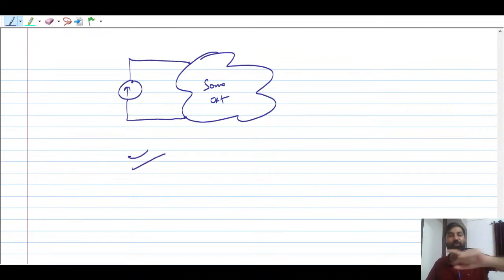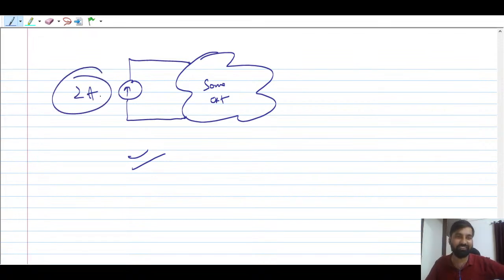So this current you cannot change ever in your life, right? Suppose this current is 2 ampere, you can't change, okay? This is the constant current, you can say, right? Okay, so this is nothing but ideal current, okay? I hope this makes sense.